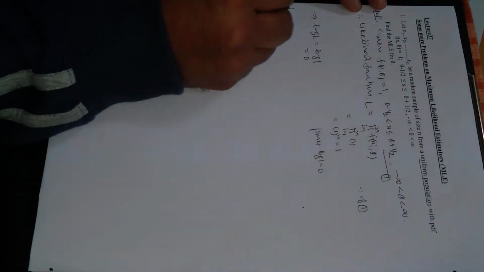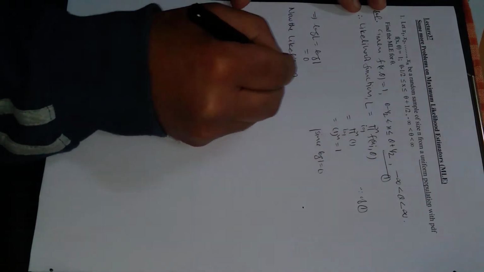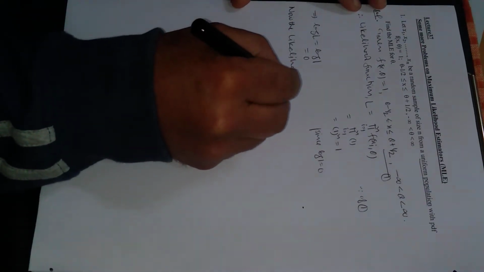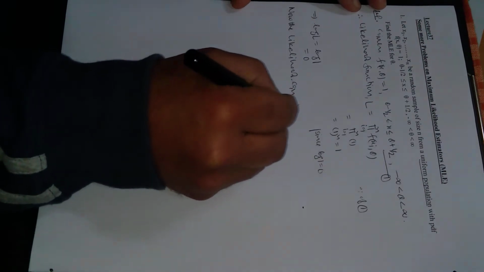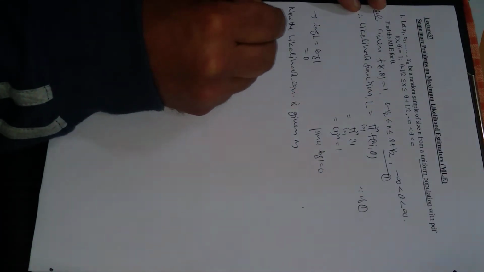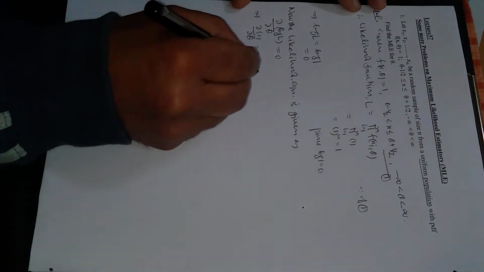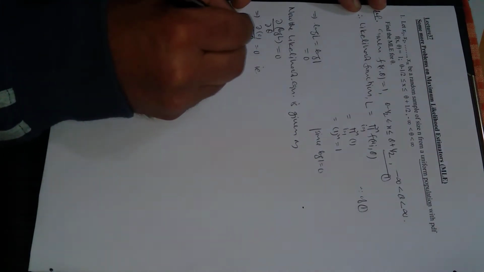Now the likelihood equation is given as the partial derivative of log L with respect to the unknown population parameter theta, which is equal to 0. Substitute the value of log L. This is the partial derivative of 0 with respect to theta, which is equal to 0.